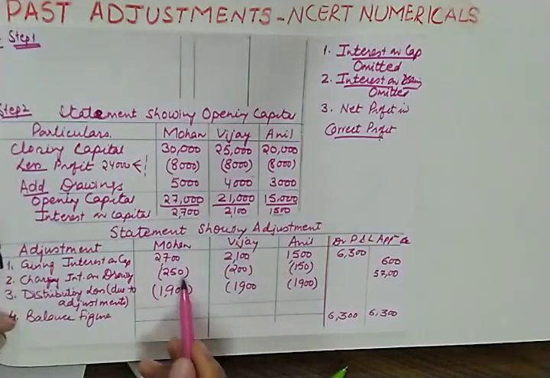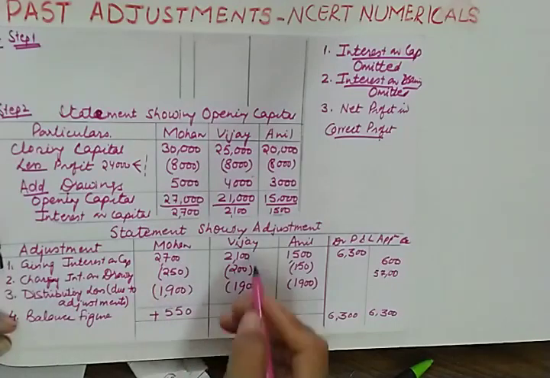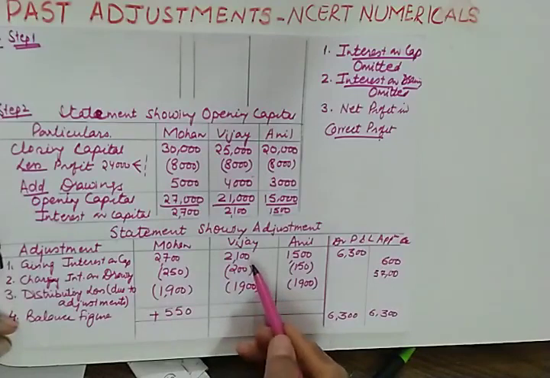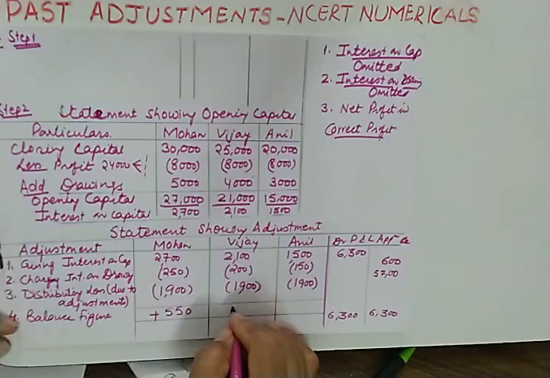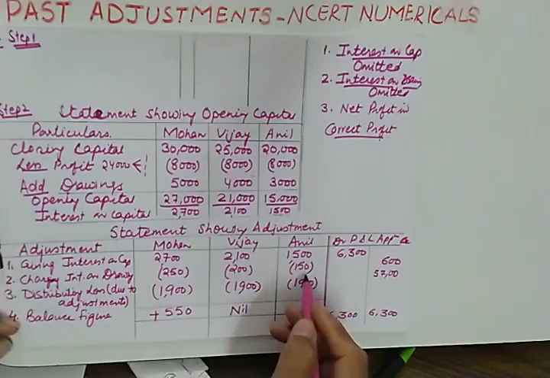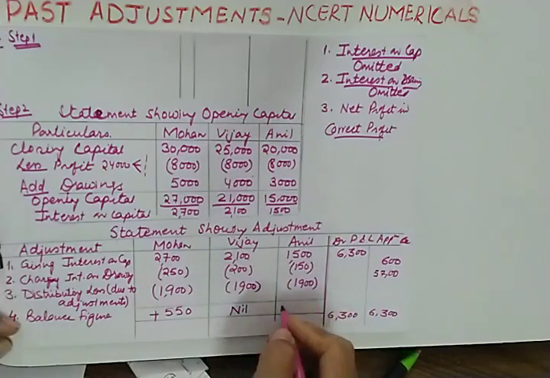You will be taking 2150 and you will be giving 2700. So finally we will be giving 550 to Mohan. This is a positive item. Now see Vijay, from Vijay we need to take 2100 and we will be giving 2100 to Vijay. So in this case no adjustment, balance is nil, and here 2050 is to be taken from Anil and 1500 is to be given. So we need to take 550 from Anil.